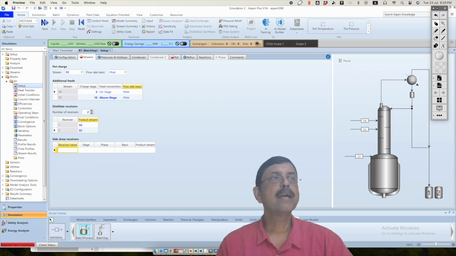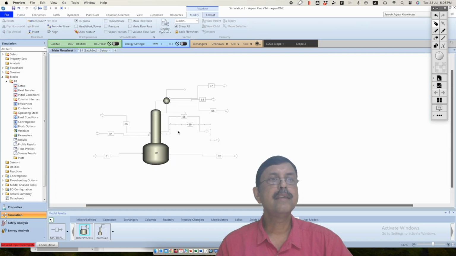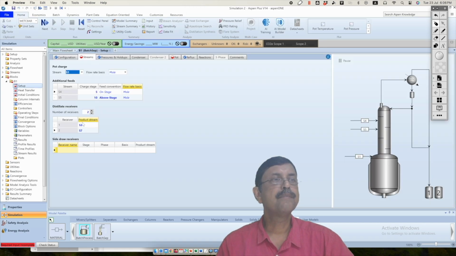Okay, because here we have not fixed any stage, right? We have said, okay, S9 is one side draw, but that is coming from stage number 5 or stage number 15 or stage number 19. That we have not fixed. But here we can fix that.